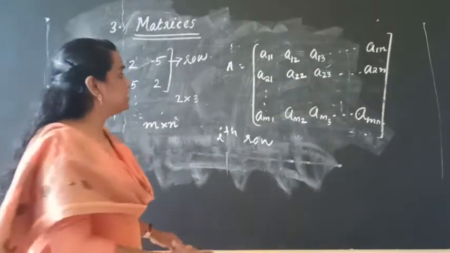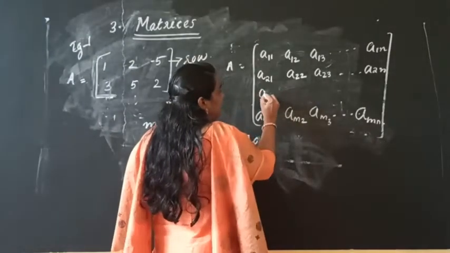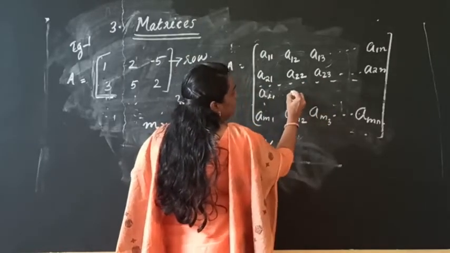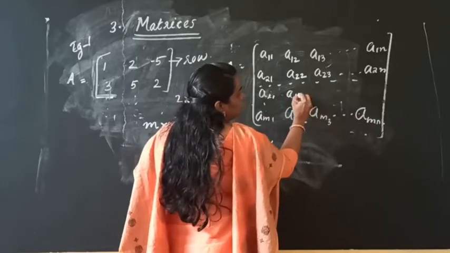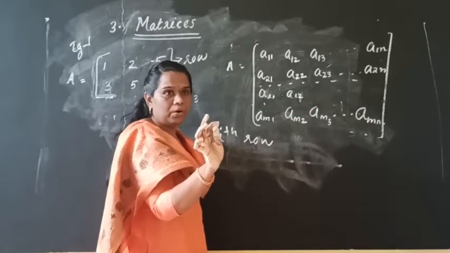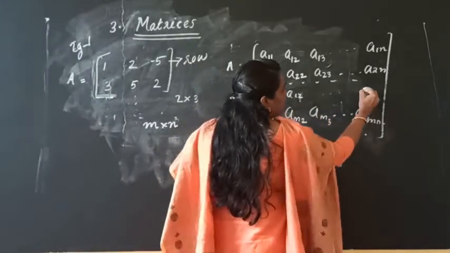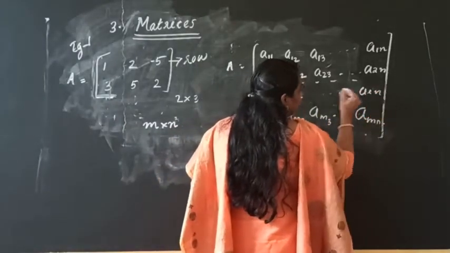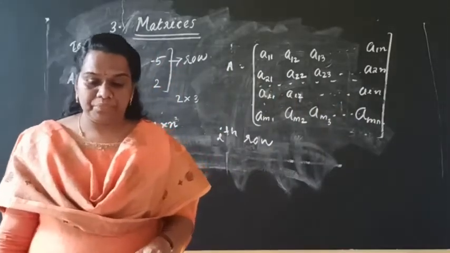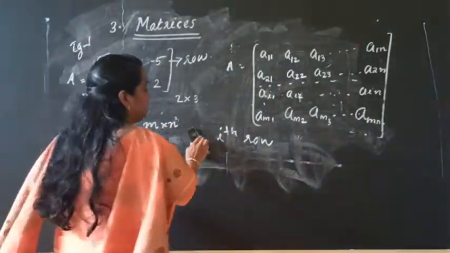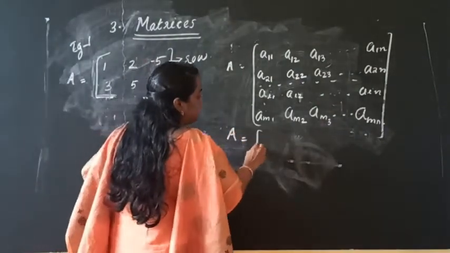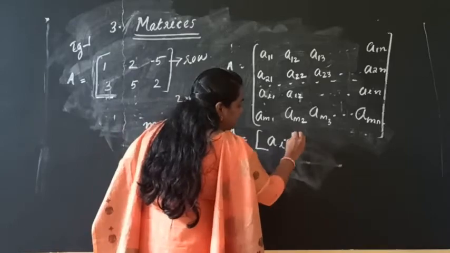We usually consider, suppose we have Ai1, Ai2, that means the ith row, etc. up to Ain. This is the ith row. We usually write an element as A is equal to Aij.